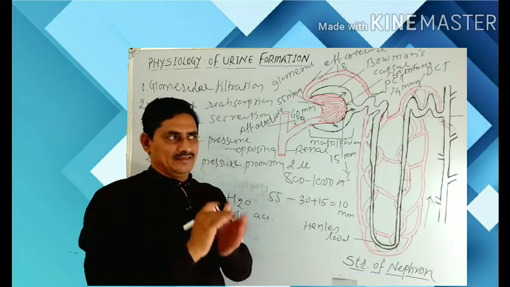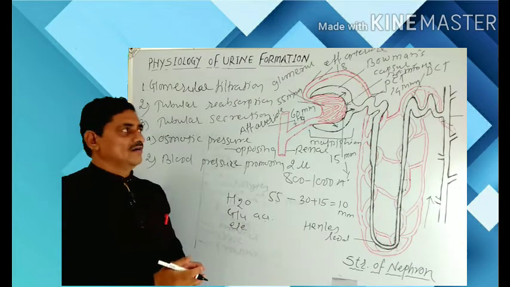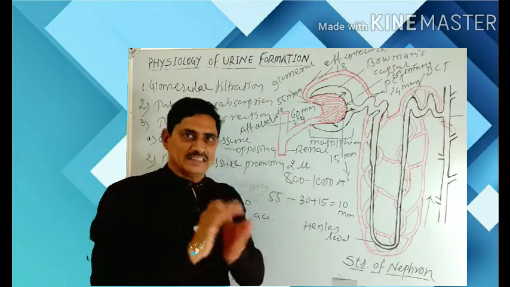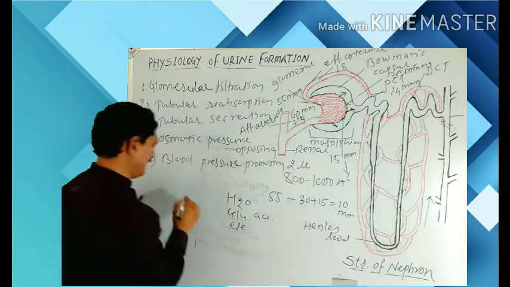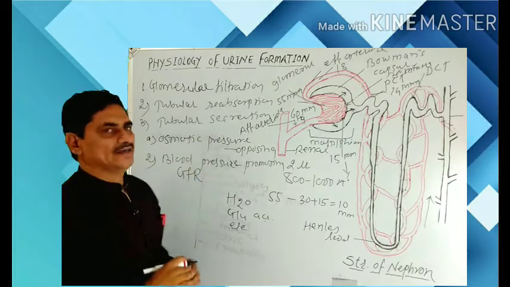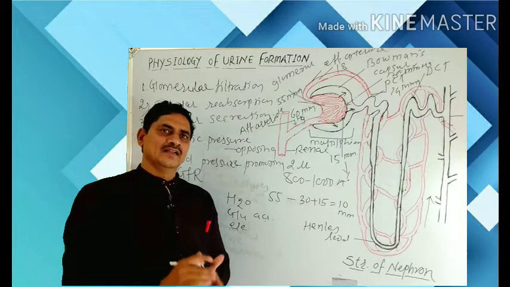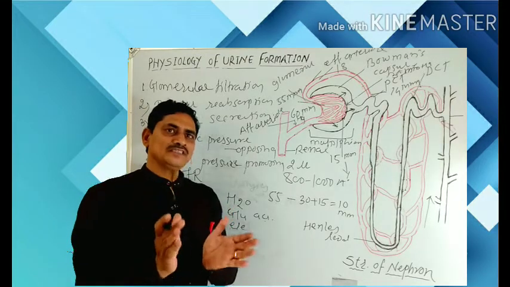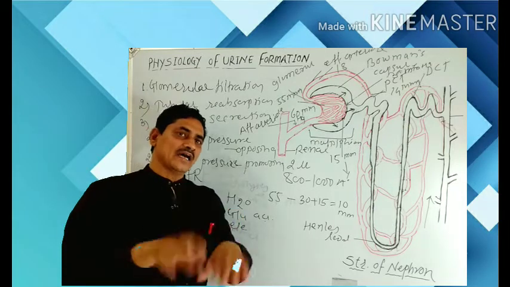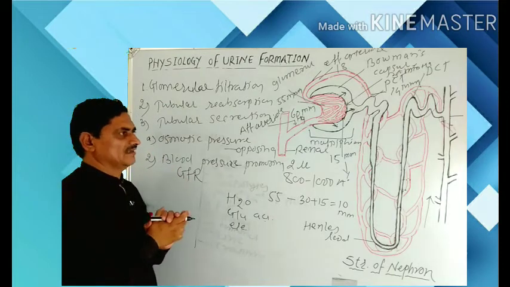Here the glomerular filtrate that occurs per minute, or each minute, is called the GFR, the glomerular filtrate rate. In both kidneys, in each minute, how much the filtrate occurs and at which rate it filters. This is the glomerular filtrate rate.